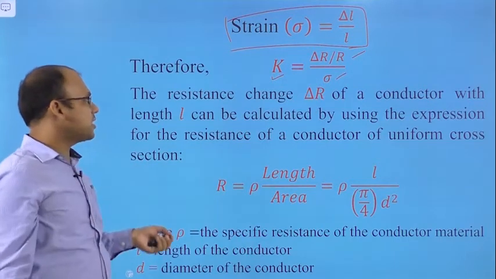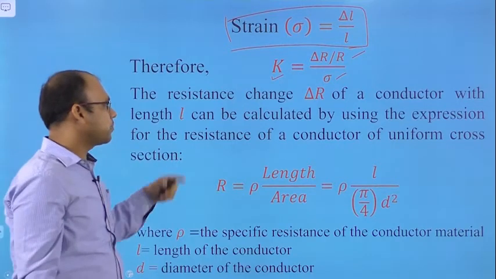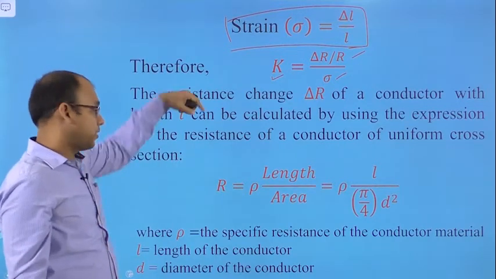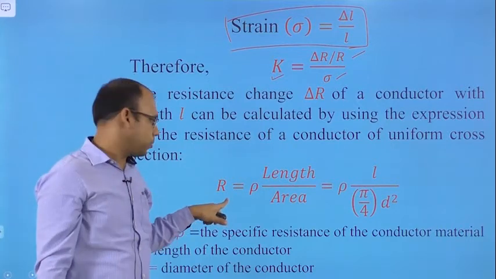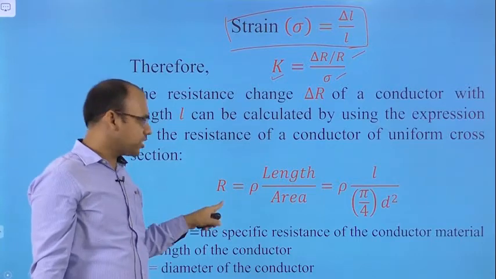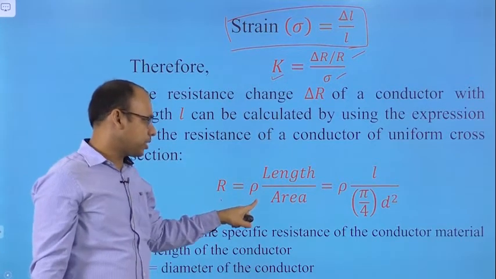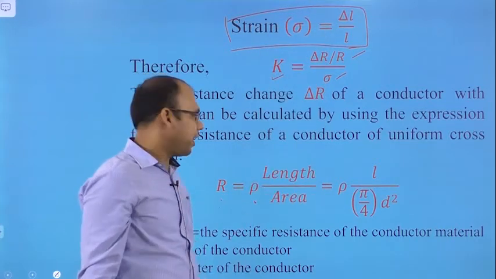The change delta R of the conductor of length L is calculated by the expression of this unit, and as you know, I am talking about the resistive transducer. So the resistance is denoted by the resistivity rho into the length by area.